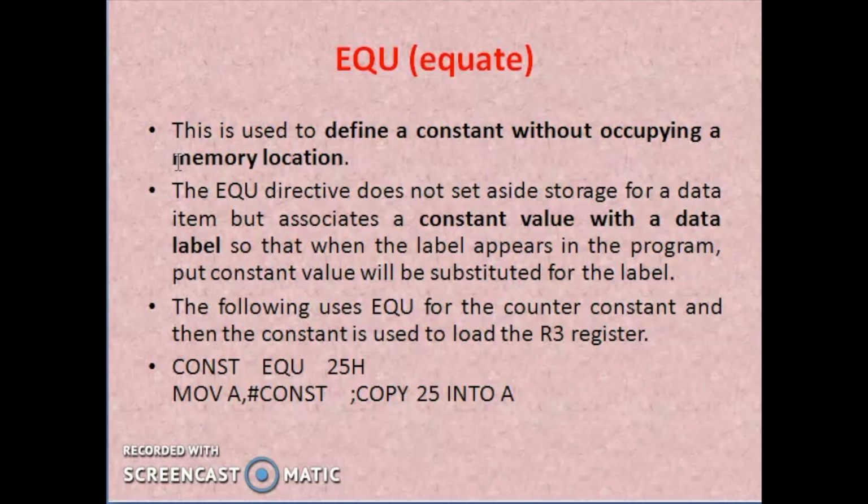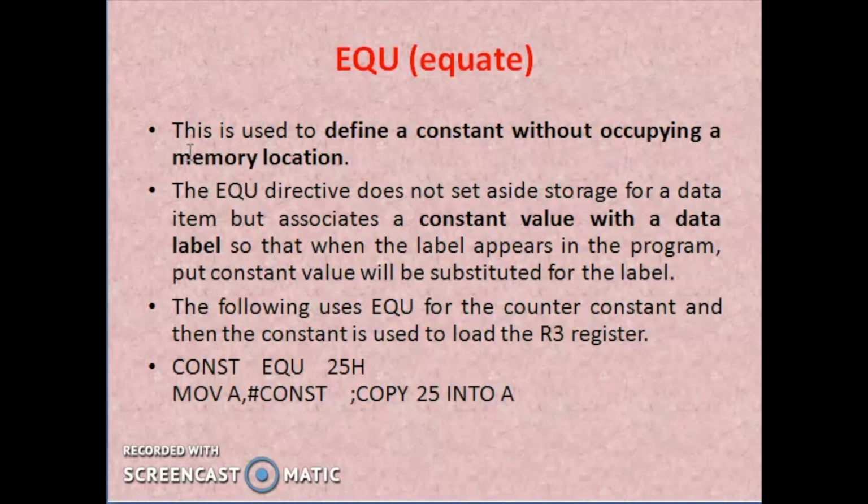We write the letter D for decimal or no letter, B for binary, H for hexadecimal, and the characters written in quotes appear as ASCII values.